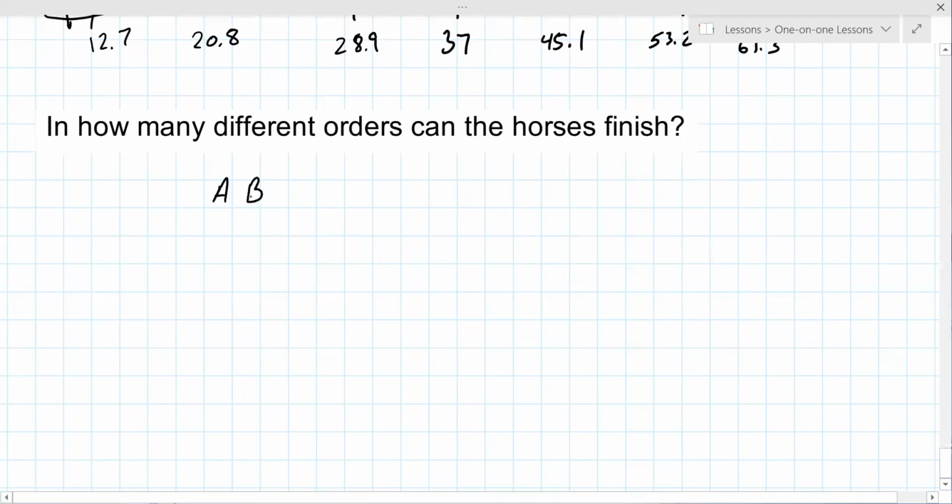A and B finish first and second, or B and A finish first and second. Does it matter? Let's say the first prize is a pot of gold, like at the end of a rainbow. Do you want to be A in this case, or B in this case? That's how you can think about this. So the order definitely matters here because you want to make sure that you're first. Yes.